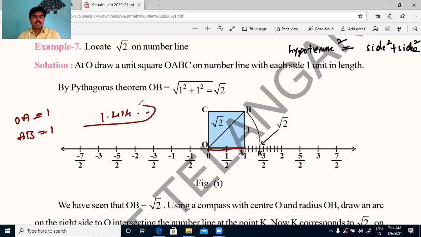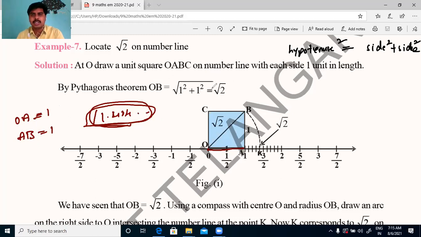1.414 something, right? We do not indicate this number 1.414 on the number line, okay? Can we? No, we cannot find the exact value of this 1.414 so on number, right? That is the purpose.